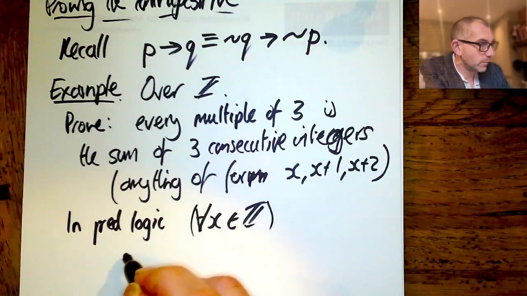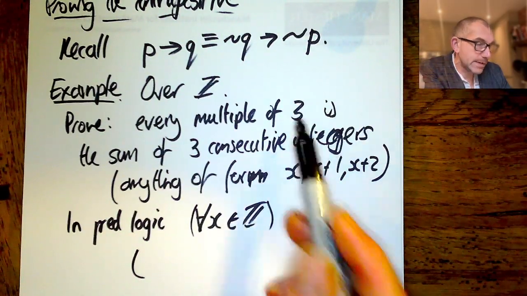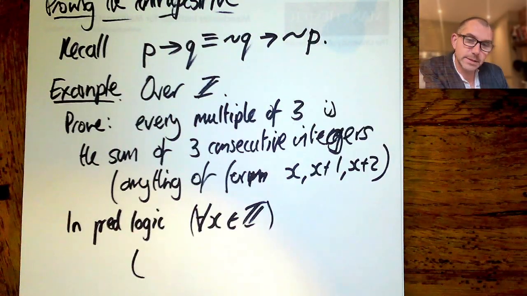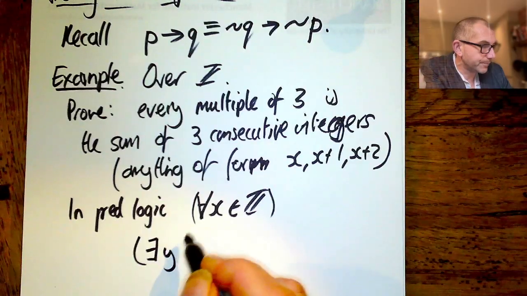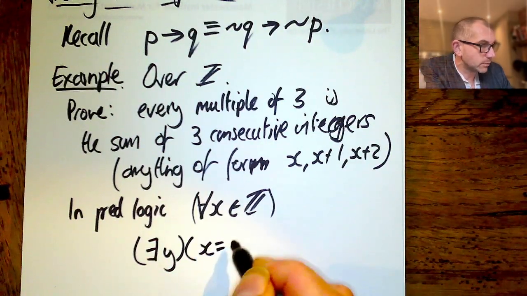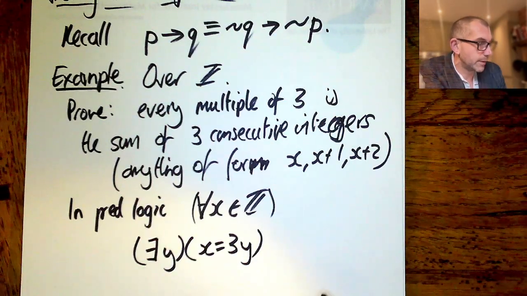I want to prove that if x is a multiple of 3, okay, so how do we write that? Well, x is a multiple of 3 if I can write it as 3y. So if there exists y such that x equals 3 times y, so that's what it means to be a multiple of 3.